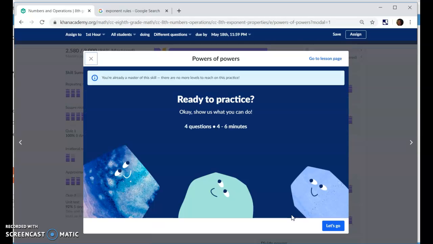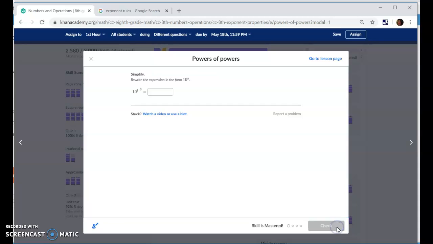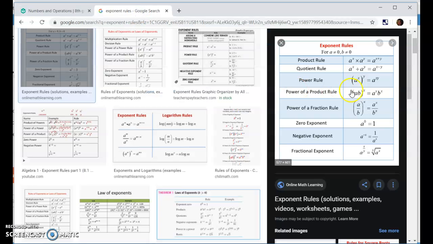Powers of powers. Okay, this is 10 to the 1st power, and all of that to the 3rd power. And it says rewrite the expression in the form 10 to the nth power. Okay, so if you don't remember, we're looking at this one right here, power of a product. No, power rule.